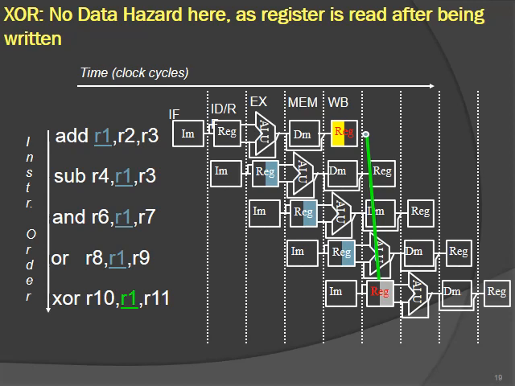In the implementation of the exclusive OR instruction, we are noticing that there will be no data hazard, because the register is being used right after the write back, the fifth cycle of our instruction. So if the result of the add instruction in R1 is used for the exclusive OR instruction, it will use the register data smoothly to execute the XOR instruction.